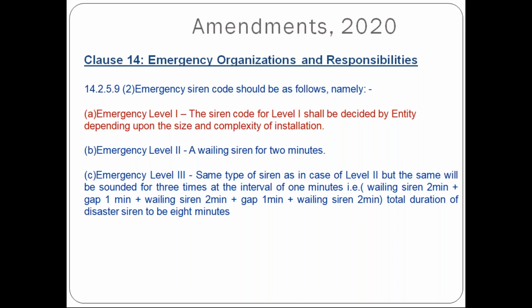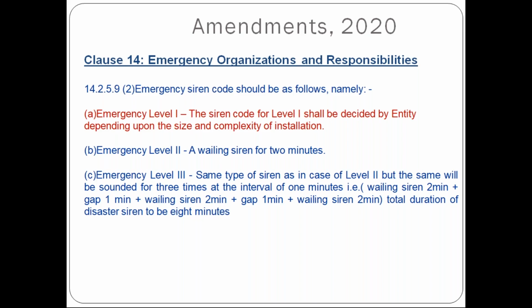Then if there is a level 2 emergency, it is a wailing tone for 2 minutes. If there is a level 3 emergency, the wailing is the same as level 2, but there will be an interval of 1 minute. That means a 2-minute siren, 1 minute gap, 2-minute siren, 1 minute gap, so that way there will be a total duration of 8 minutes. That means the 2 minutes will be repeated 3 times at an interval of 1 minute.